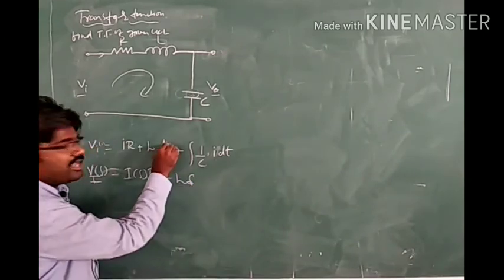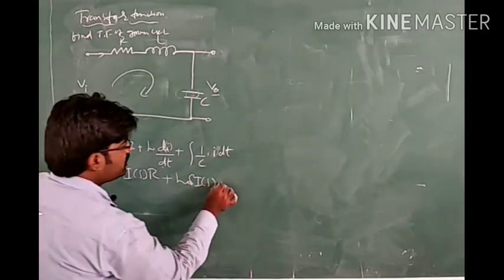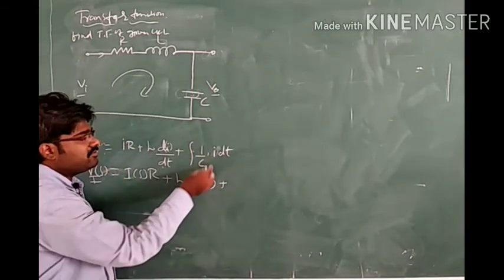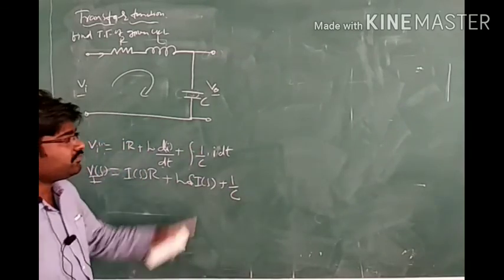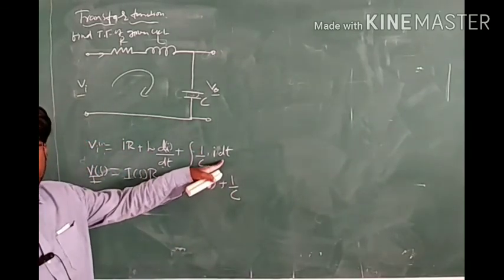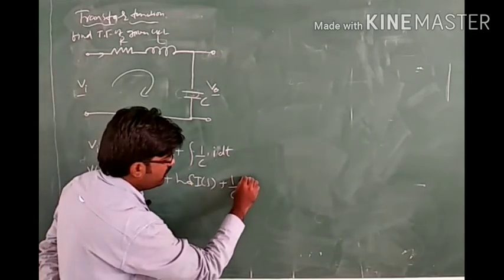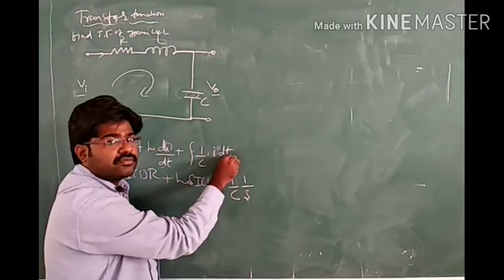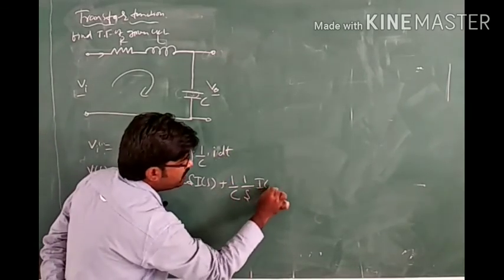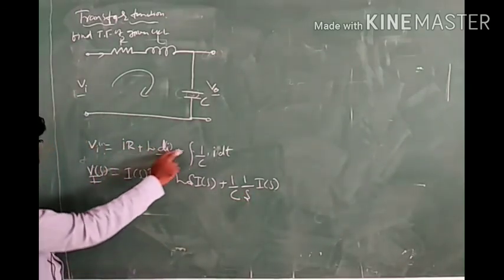S into I of S. Then again 1 by C you take outside. Integration of I dt, the Laplace transformation of integration is 1 by S, then I of t is I of S. This is how we write the Laplace transformation of the given equation.